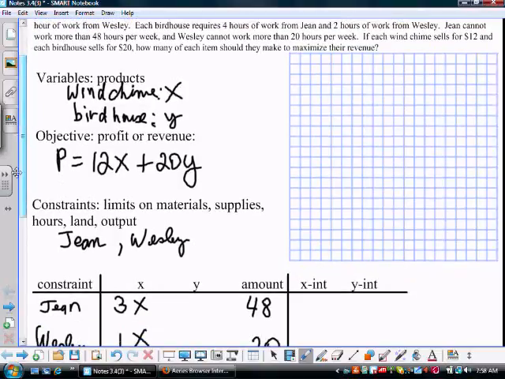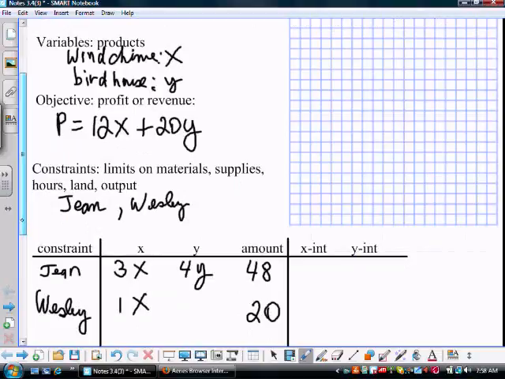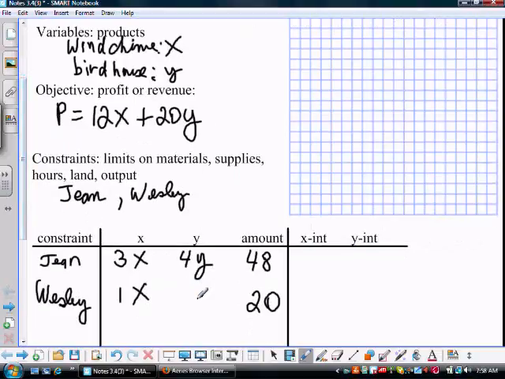Now I'll read on. Each birdhouse requires 4 hours of work from Jean. Birdhouses are Y. 4 hours from Jean would be 4 times Y. And 2 hours from Wesley. Birdhouses are Y's, so that's 2Y on the Wesley line.